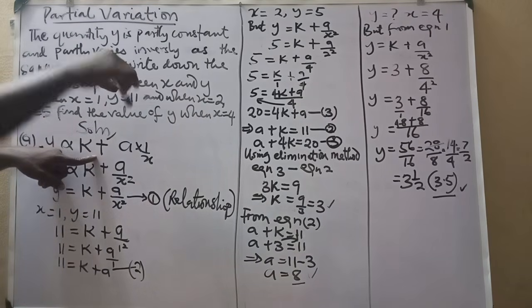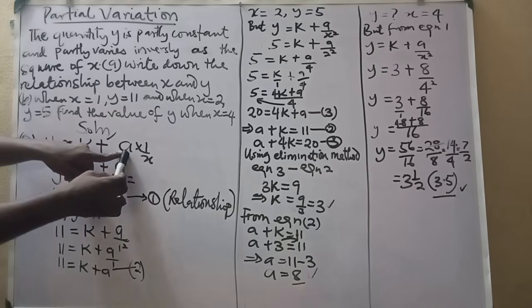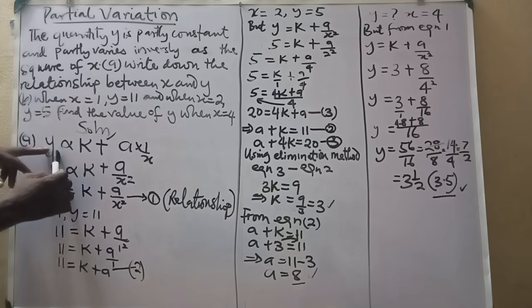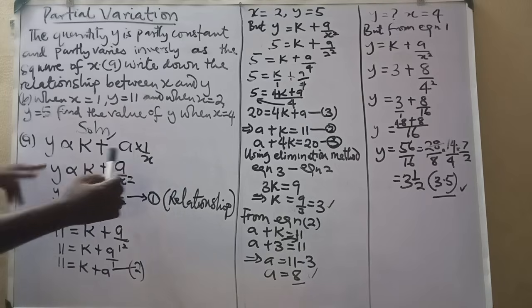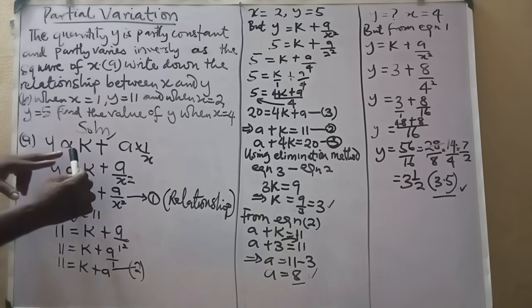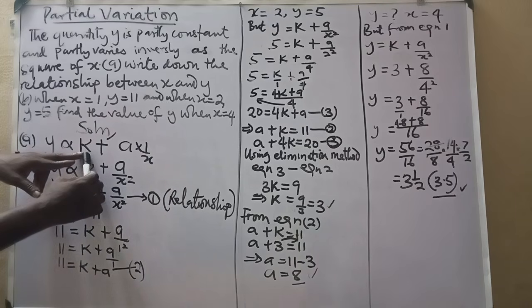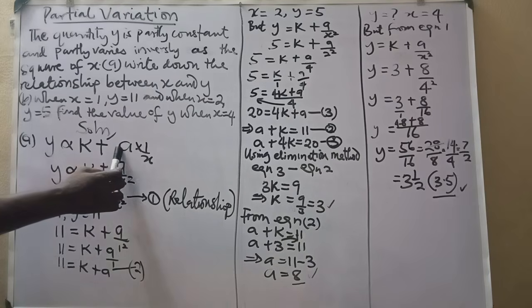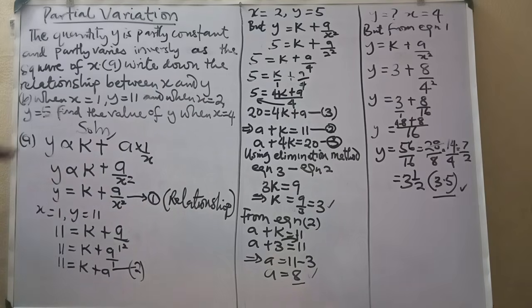So you can see that y is actually varying inversely as x squared. But the main thing is, because it's partial, we have constant k and constant a. You must introduce two constants. So y varies partially as a constant and partially inversely as x squared. This statement is what partial variation means.